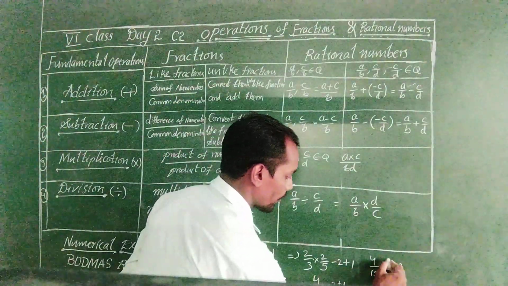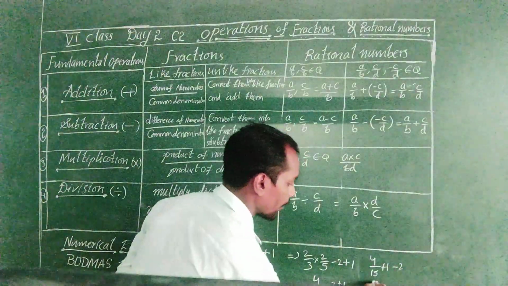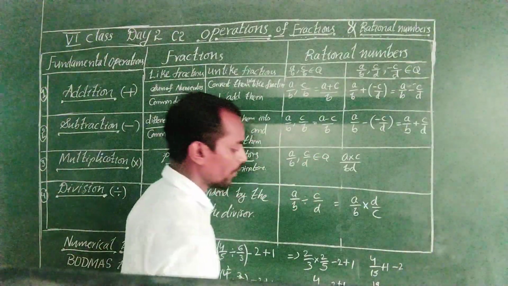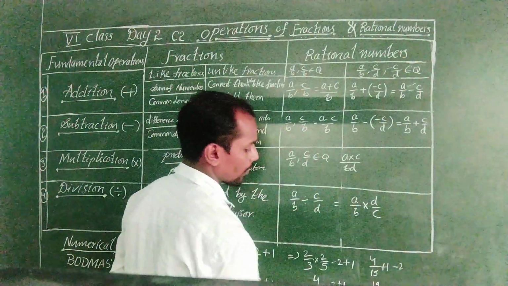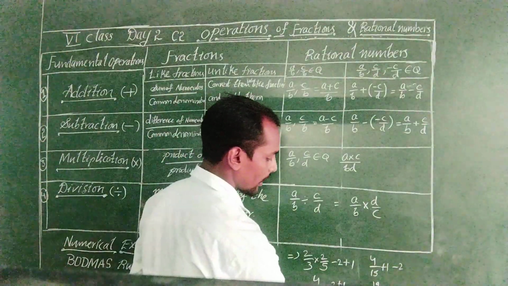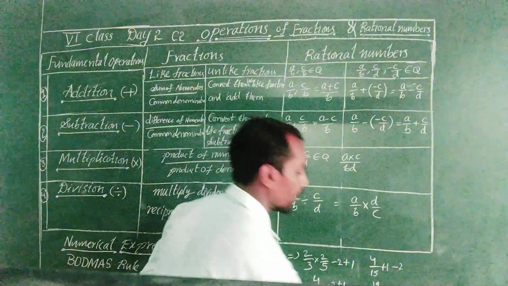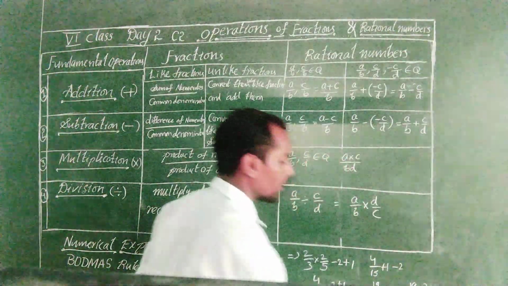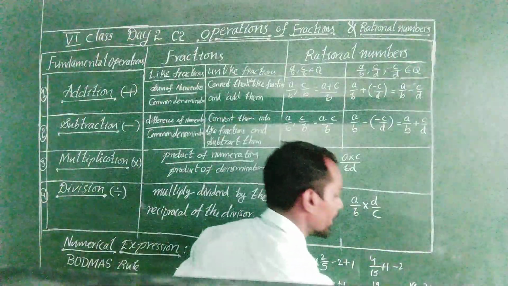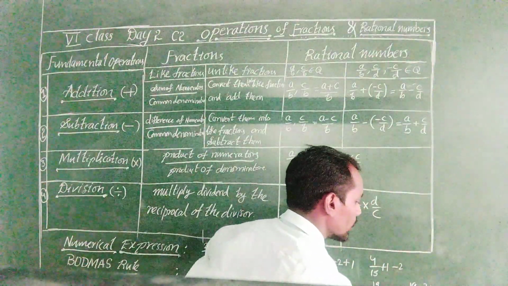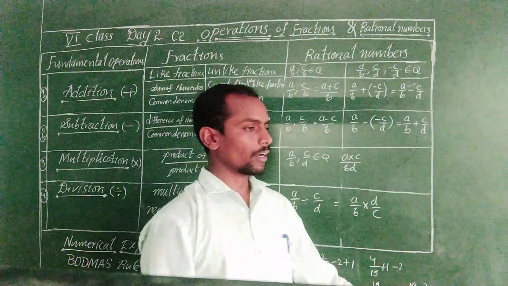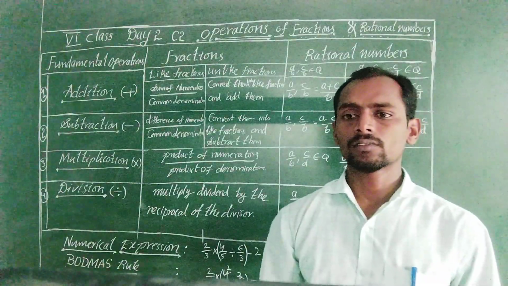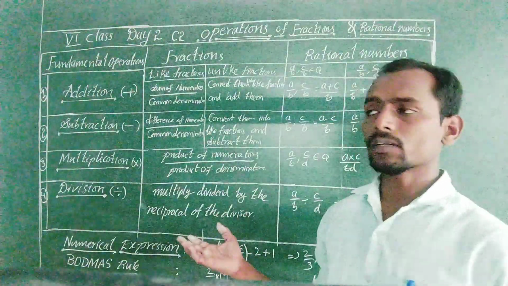You can write 15 by 15, 15 plus 4 is 19, 19 by 15 minus 2, equal to, again LCM 15, 15 2s are 30, 19 minus 30, 19 minus 30 by 15, which is equal to minus 11 by 15. So this is the simplified answer of this numerical expression. So this is today's concept.